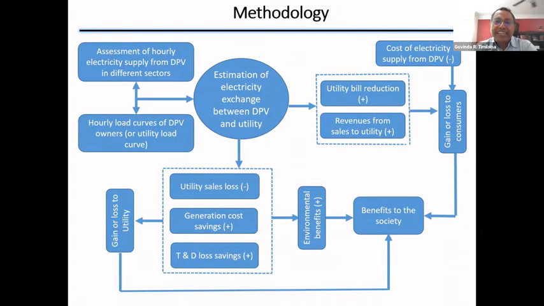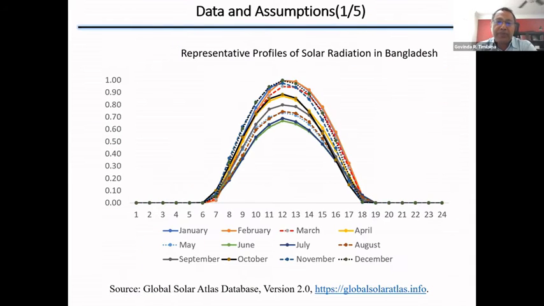So let's look at the data. We start from the solar profiles, which is a representative profile of the solar radiation in Bangladesh, because solar radiation can change from place to place. But since Bangladesh is not a very big country, it does not change that much from one part of Bangladesh to another, but even then, we use the solar profile from Dhaka as a representative solar profile.